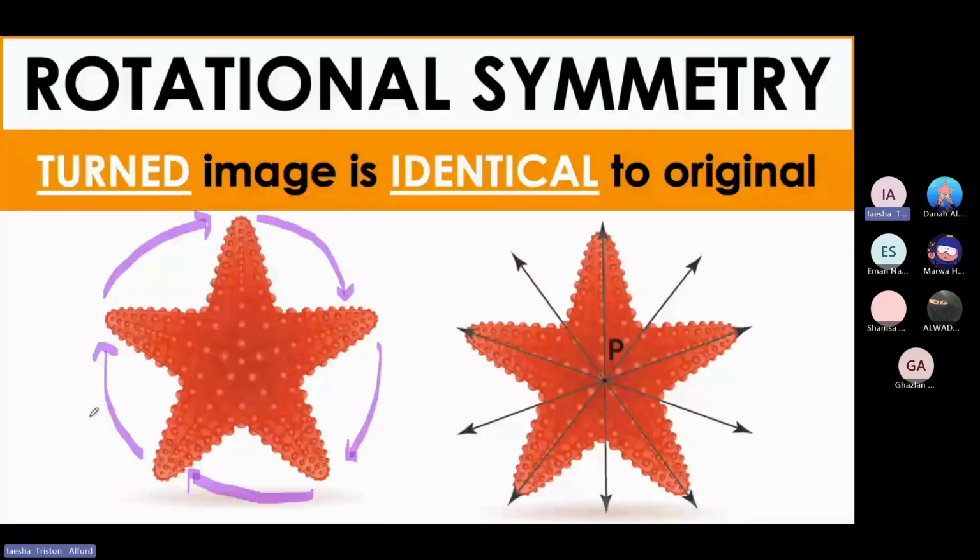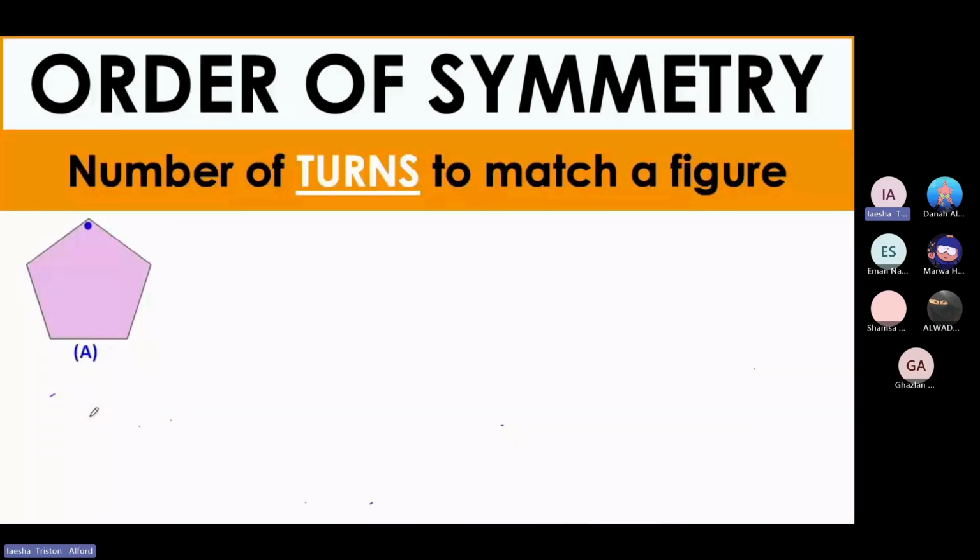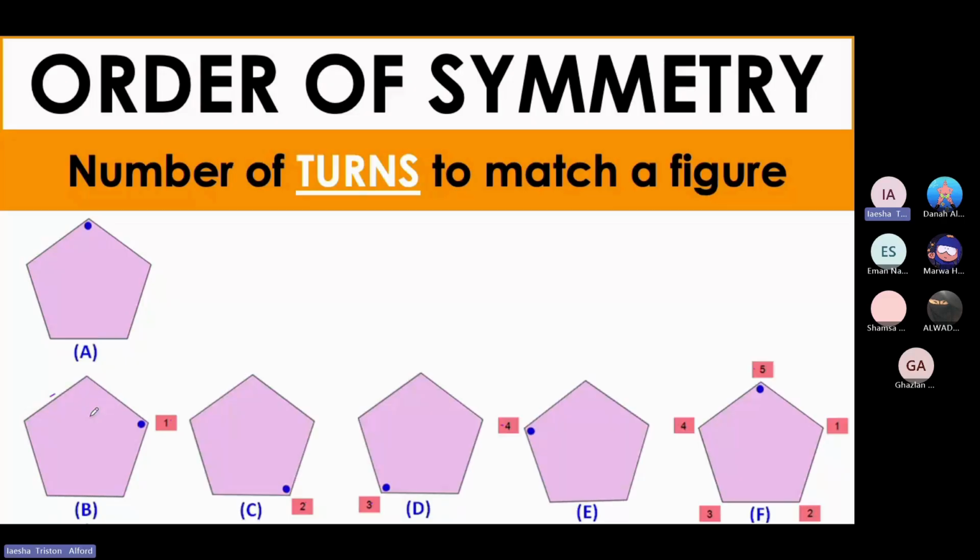The next word that you need to know about rotational symmetry is the order. Remember, the order is the number of turns. So how many turns can you make to match the figure exactly? It has to be exact when you turn it. For this one, we have a pentagon. We can turn it 1, 2, 3, 4, 5.